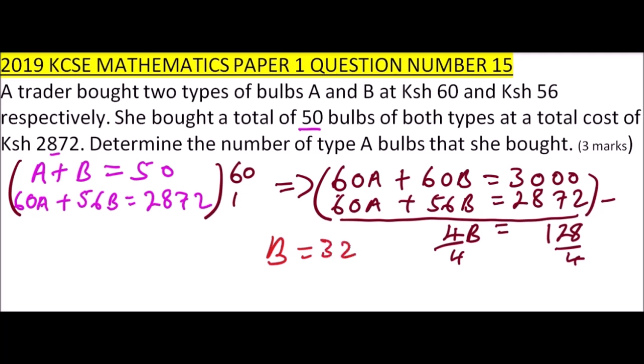This means that if B is 32 and A plus B equals 50, then A equals 50 minus 32, and that will give you 18 bulbs. So 18 bulbs were bought of type A. That's how you work out that question.